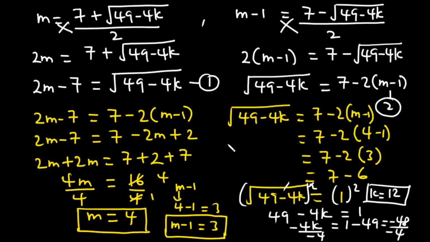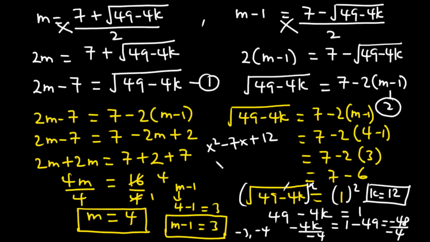So now the quadratic equation looks like x squared minus 7x plus 12. And to confirm that the roots of the equation are 4 and 3, factors of 12 that multiply to 12 and add up to negative 7 are negative 3 and negative 4.